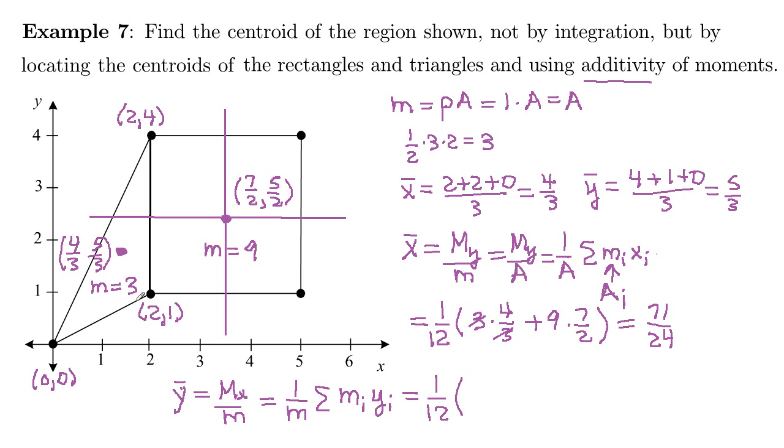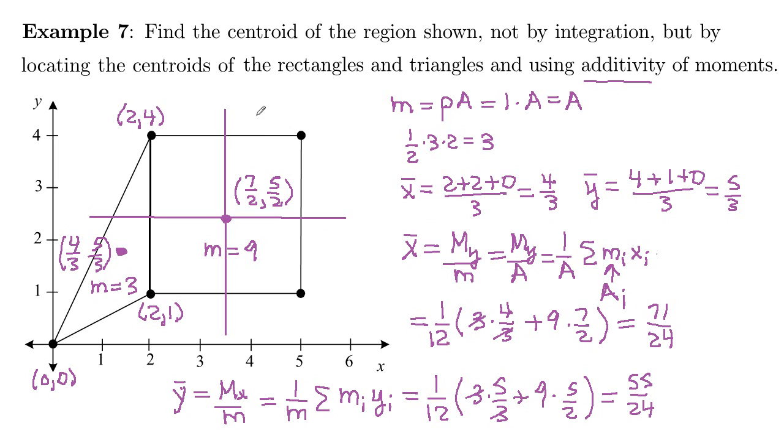And then we're going to do the mass of the triangle 3 times the y-coordinate, 5/3, plus mass of the rectangle, 9, times the y-coordinate, 5/2. So these 3's will cancel again. And we put that in the calculator, and we get 55/24.